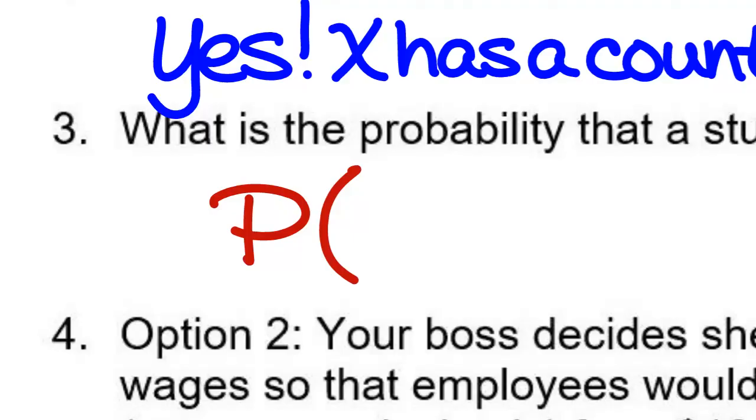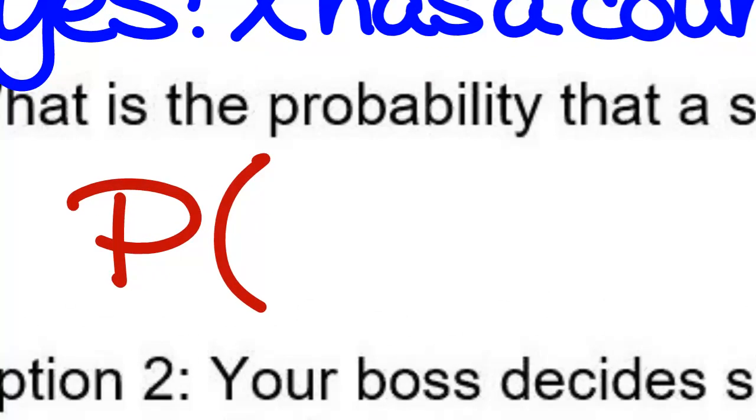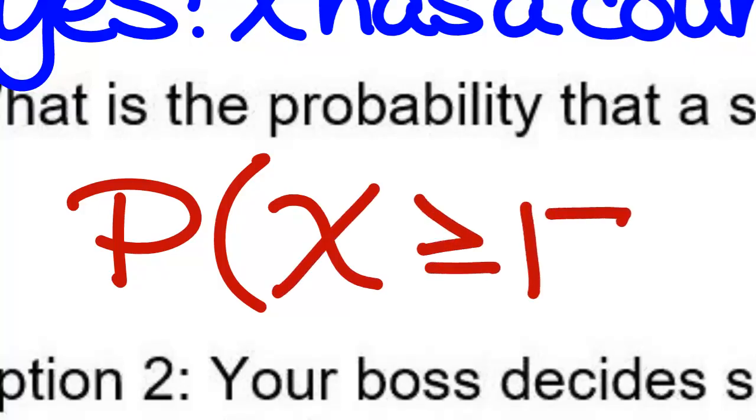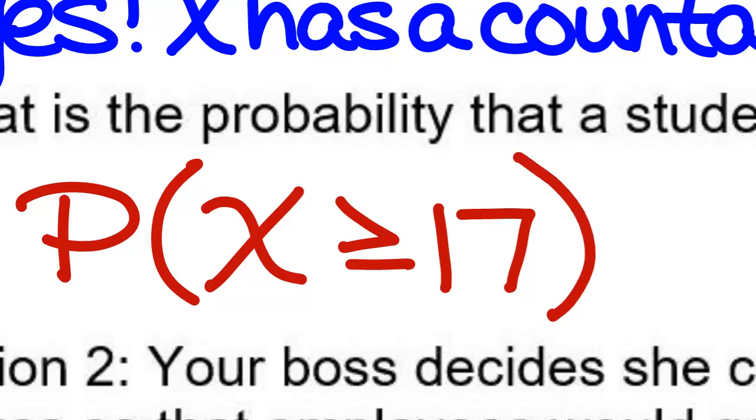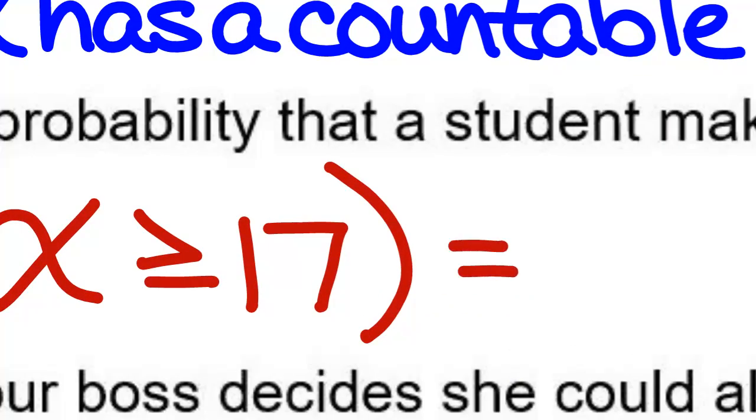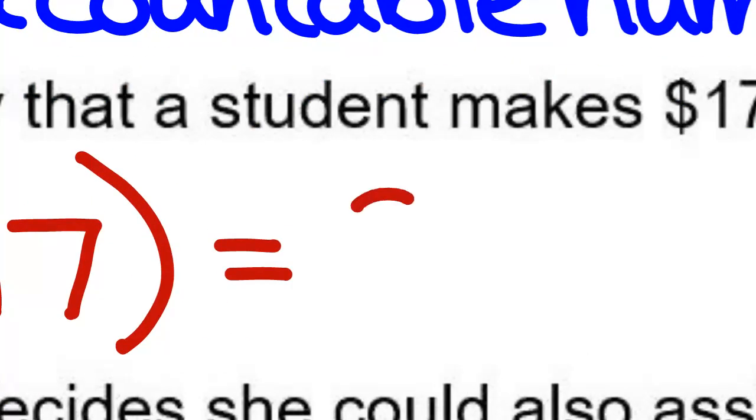Here's where we put the event that we're interested in. What was the event again? 17 or more. That a student makes $17 or more per hour, right? What did we have to represent how much a student makes? X. So we want the probability that X is greater than or equal to 17. And you said that probability was 2 out of 16.